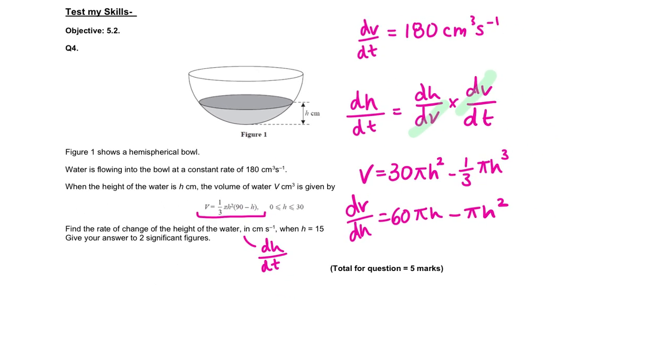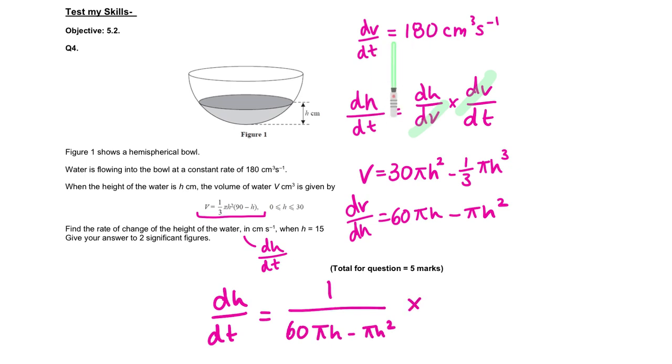So remember, my formula to find the height when h is 15: dh/dt equals dh/dV. What do I have? dV/dh. How am I going to find dh/dV? 1 over 60 pi h minus pi h squared is going to give me dh/dV, times that by dV/dt.